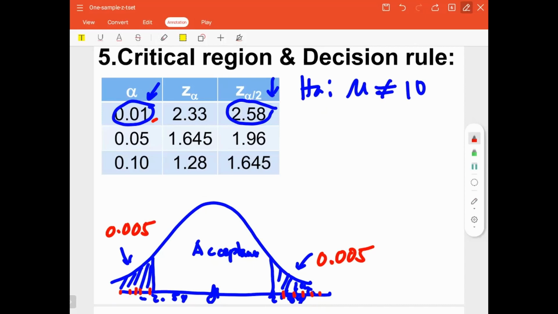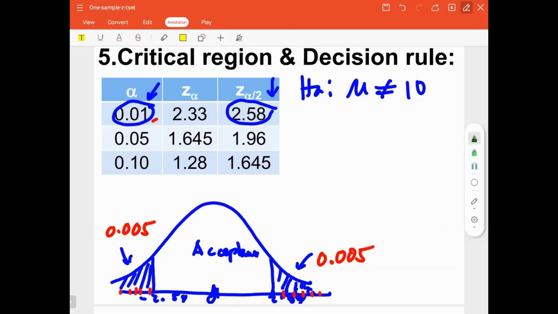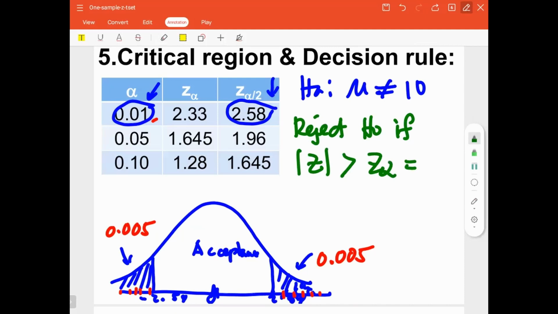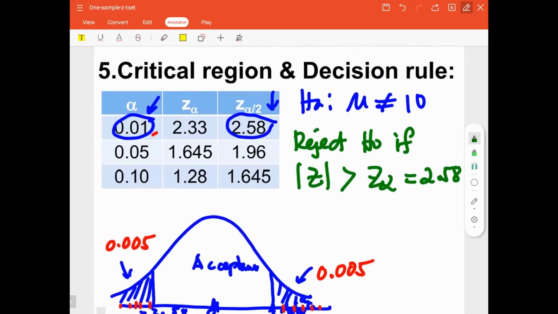That's why, if you can observe, the decision rule is based on this one. So we say we reject the null hypothesis if the absolute value of z is greater than the critical value, which is z of alpha over 2, in this case 2.58. Clear? But take note, this is alpha over 2.